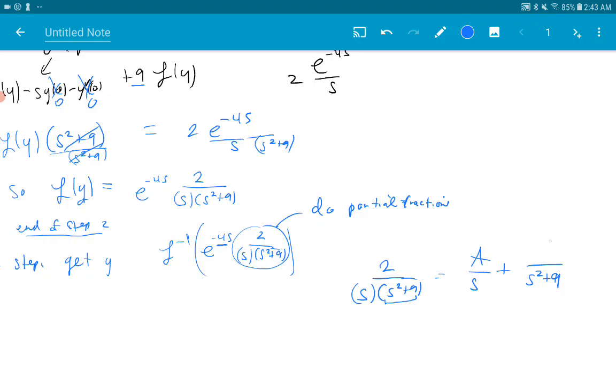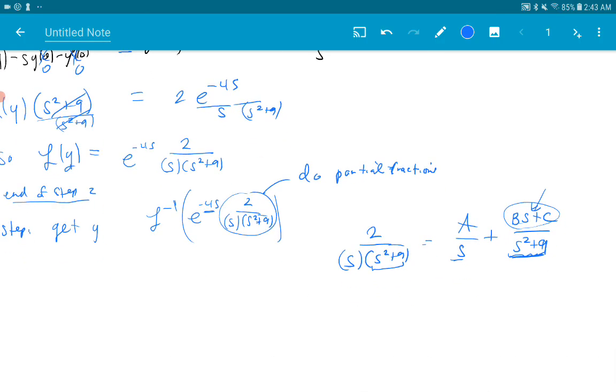Now, the thing you put up here has to be 1 degree less than the polynomial I have here. Since this is a second degree, we have to put a first degree polynomial bs plus c instead of just a constant b. Since the denominator here is 1 power higher than this one, I had to use a higher order on top. But the procedure is the same.